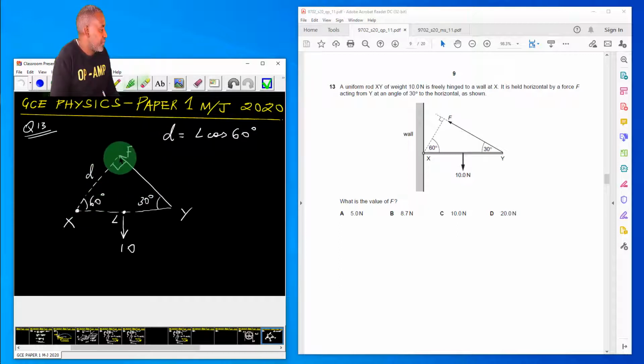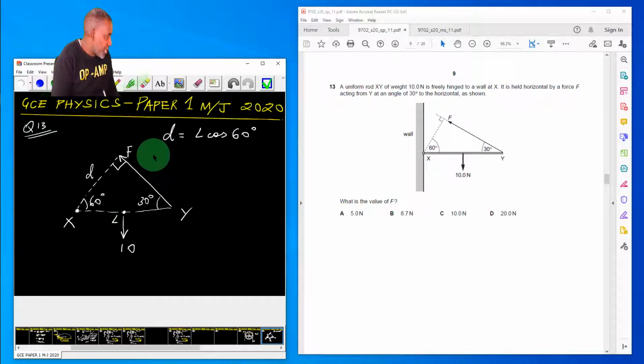This one. I just need to find the component of it. I resolve it in this direction. It will become L cos 60. I get D. And the distance from here to here is L over 2.